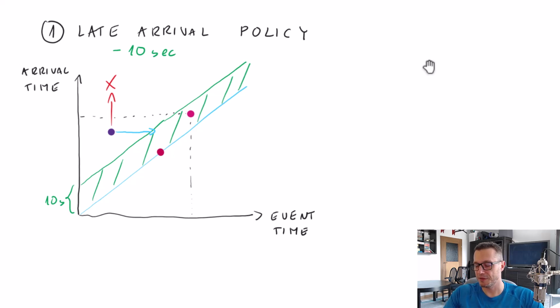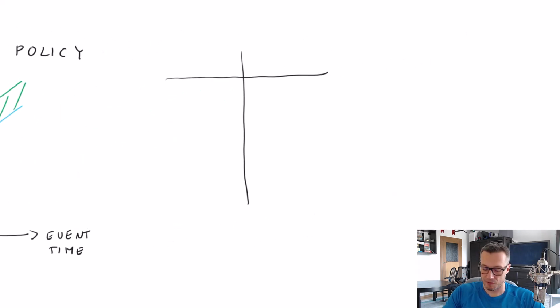I hope this is clear. So let me give you an example of how it might look. Let's have a table of event time and arrival time.